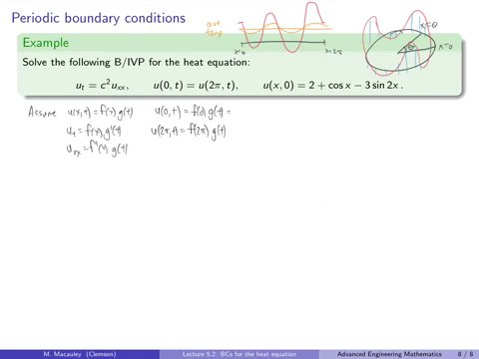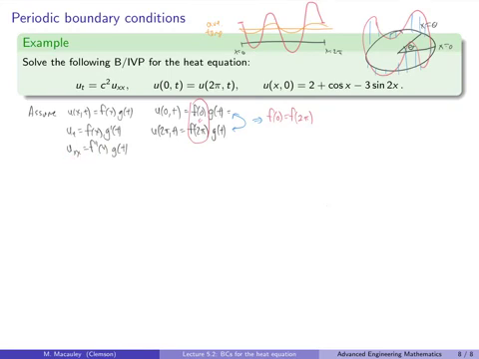So these have to be equal. So a number times g of t equals a different number times g of t. That means these numbers must be the same, because g of t is a non-zero function of t. So we get right away that f of 0 equals f of 2 pi. That's all we know. f is 2 pi periodic. It could be sines or cosines.